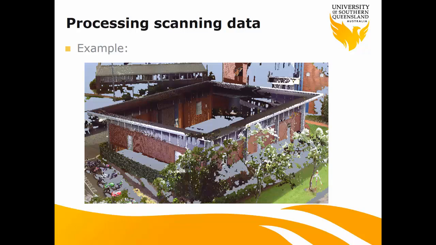That helps you recognize different points from different scanned objects. For example, from here we can easily recognize some points from a brick wall, some from window glass, some from trees or other plants, or from the ground.